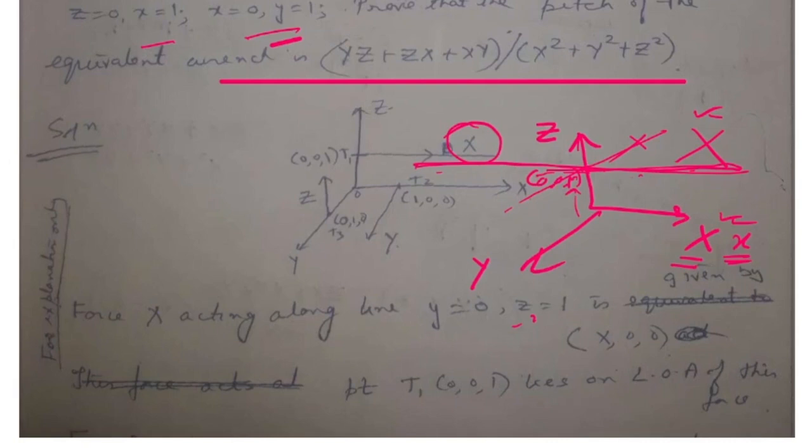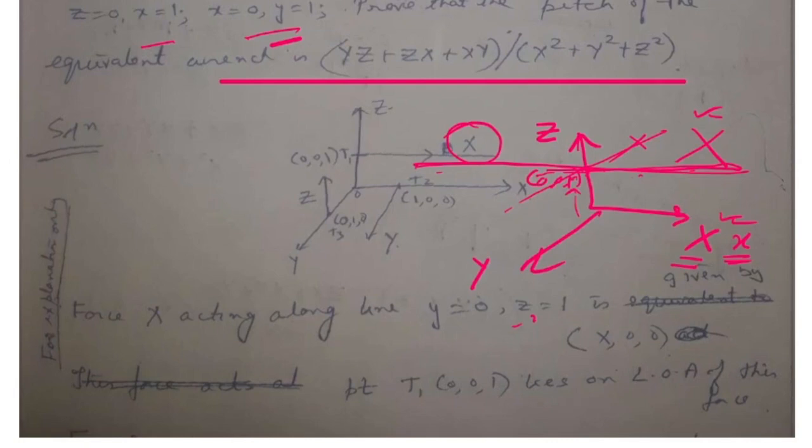Now for our simplicity, recall that to find the central axis you need to find the moment of the couple, and to compute the moment of the couple you need the point of application of the force. The more complicated the point of application you take, the more complicated your calculations become.